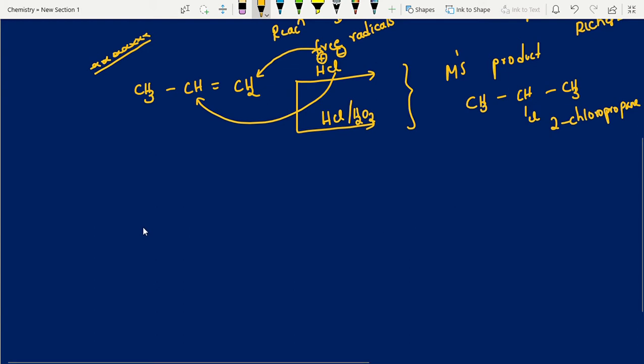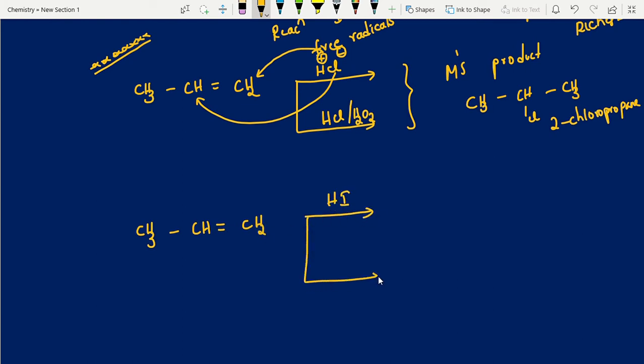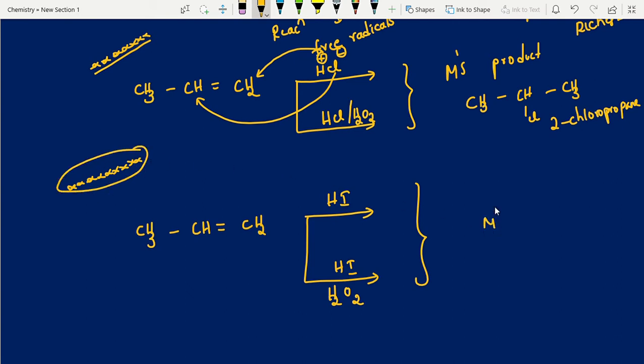The third one: CH3, CH double bond CH2. Here I am taking HI, absence of peroxide, and HI, presence of peroxide. Here also, students, an important note: whether you are using peroxide or not using peroxide, the Markovnikov product is the only major one. It is simple: H plus, I minus polarity is there.